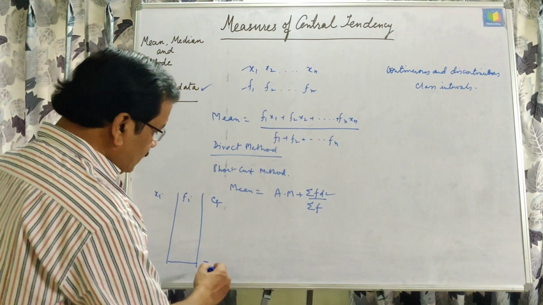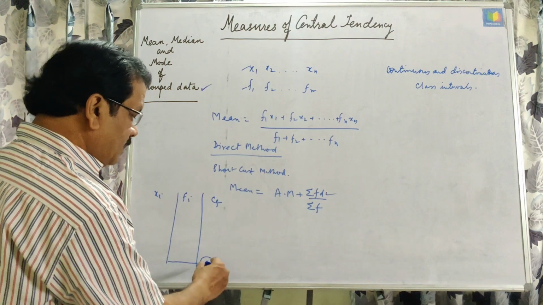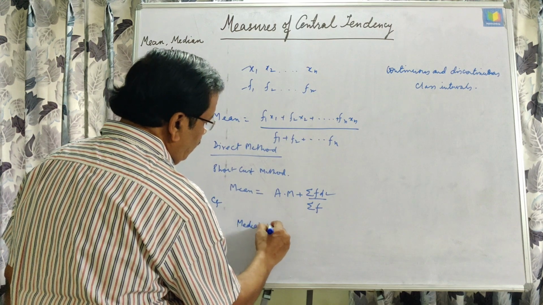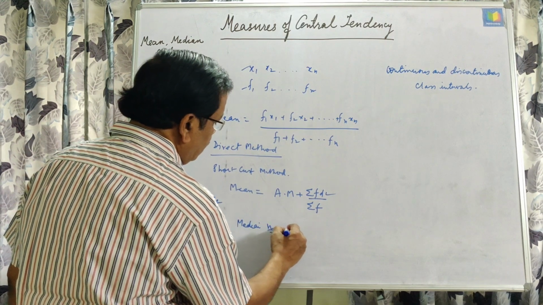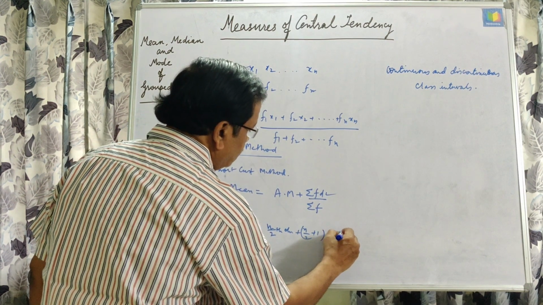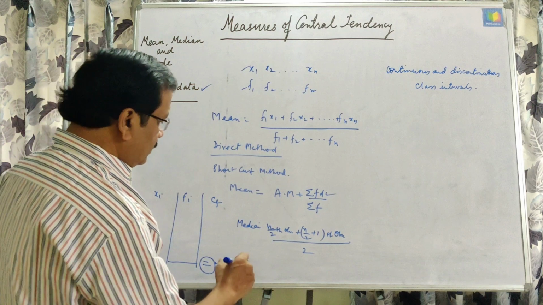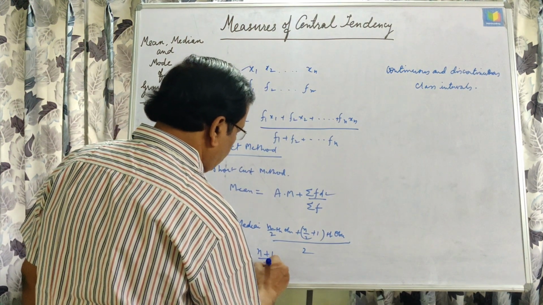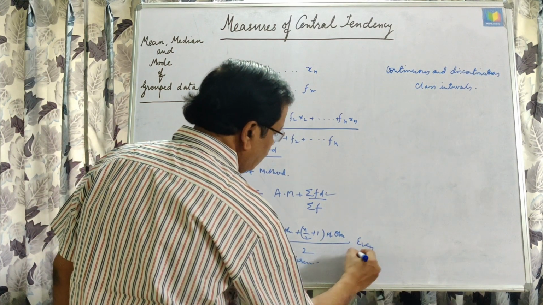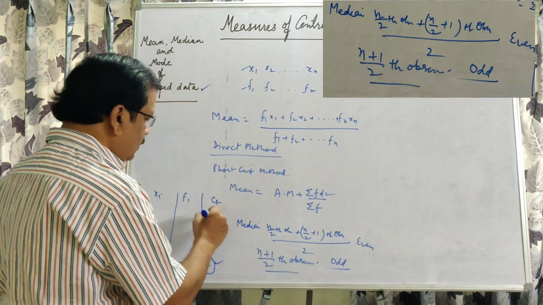If n is even, as we have done in the last video, we'll follow the same formula: median will be n by 2th observation plus n by 2 plus 1th observation upon 2, and if n is odd, median will be n plus 1 upon 2th observation. This is for even and this is for odd. And then accordingly we'll find the median.